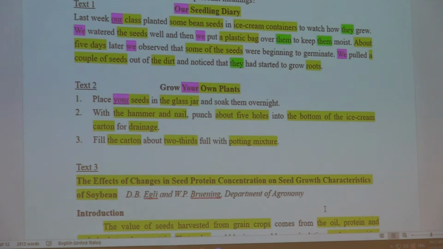Here you have the second person pronouns, not the first anymore. Why? Because you are telling the other people how to do something. You are telling the readers directly. So you use the second person pronouns, your or you.